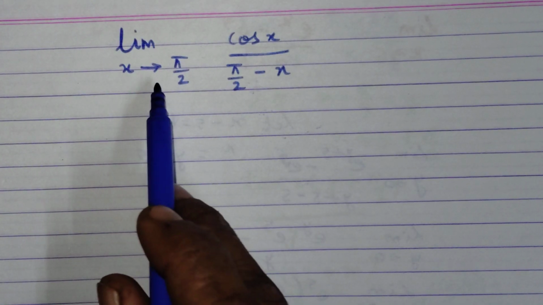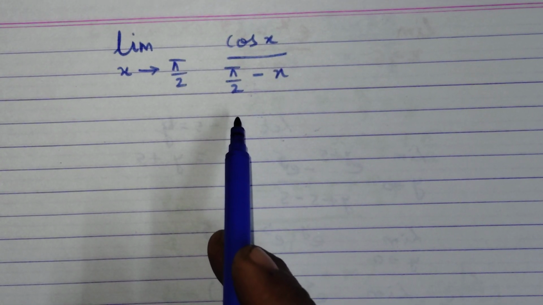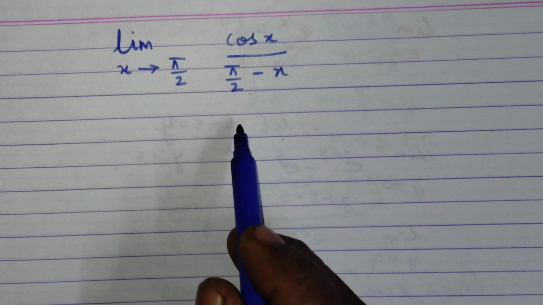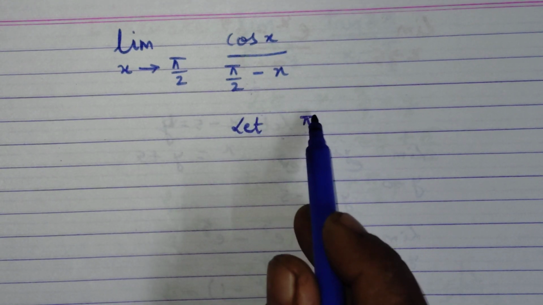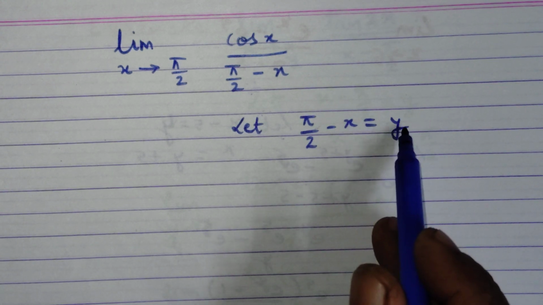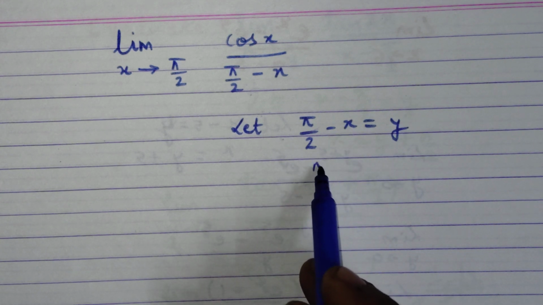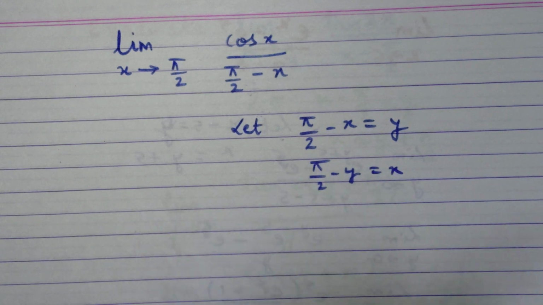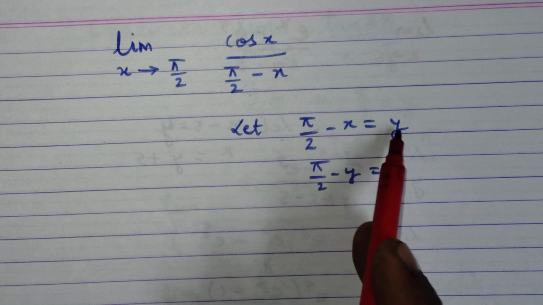Next our question is limit x tends to pi by 2, cos x upon (pi by 2 minus x). In this question what we do, we need x tends to 0. So we write this pi by 2 minus x as another variable, let it equal to y. So transposing to the other side, x becomes pi by 2 minus y. Now we can say if x equal to pi by 2, then y becomes 0.